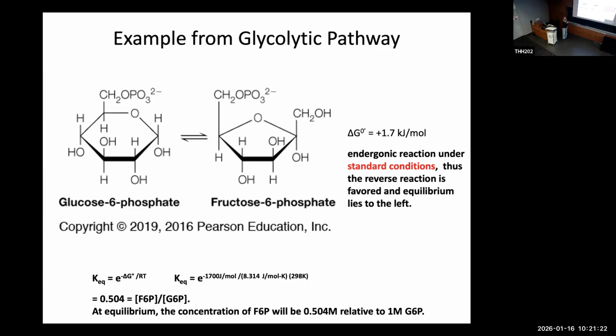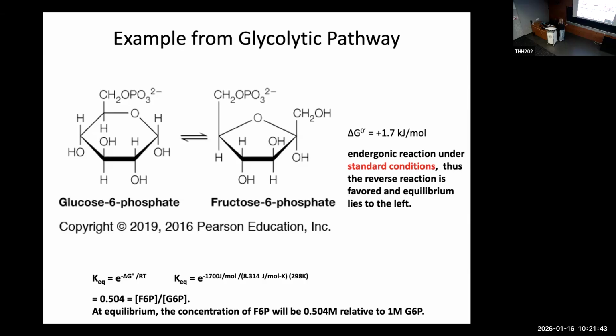And that would happen until delta G becomes 0. So if we know this delta G naught prime, we can figure out at equilibrium how much of each we would have, because we can plug that into this equation.